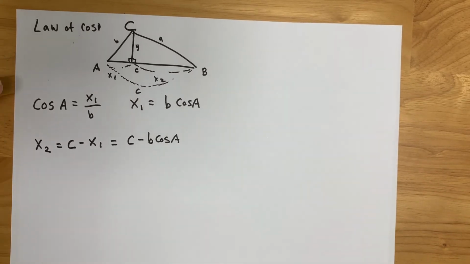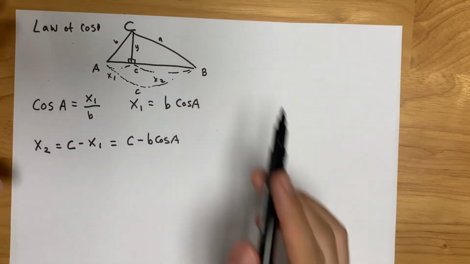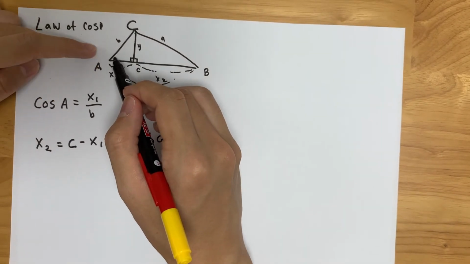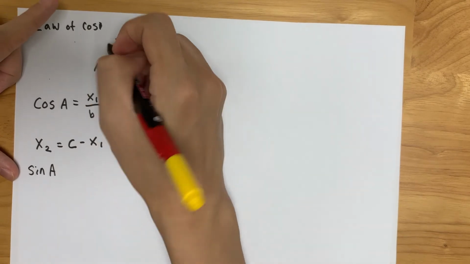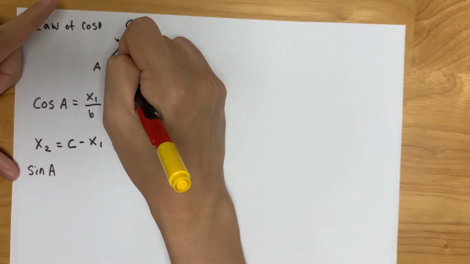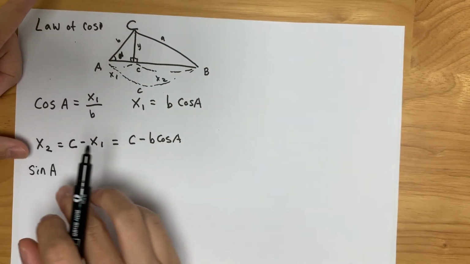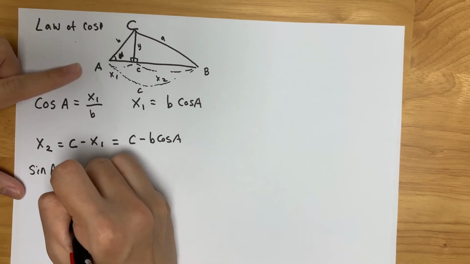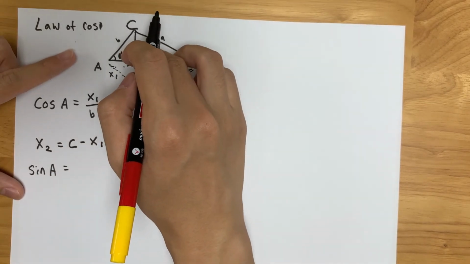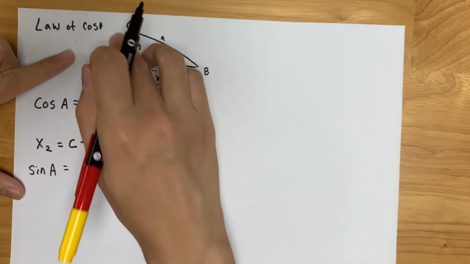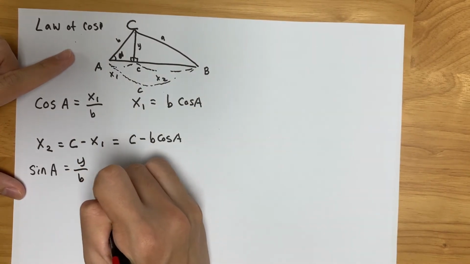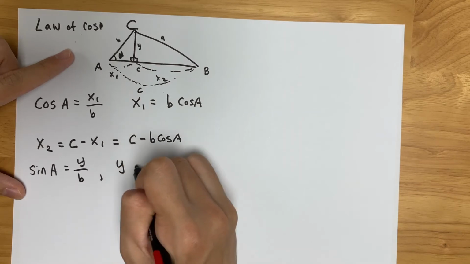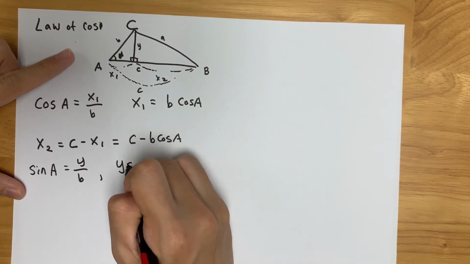And then after this, sine of A. What's sine of A? This is opposite divided by hypotenuse. Opposite divided by hypotenuse.